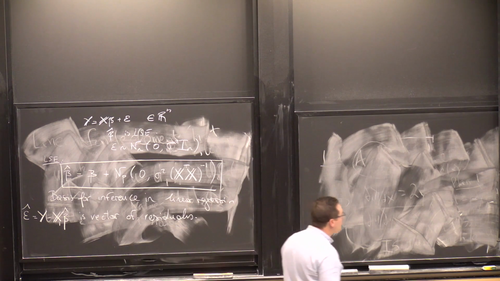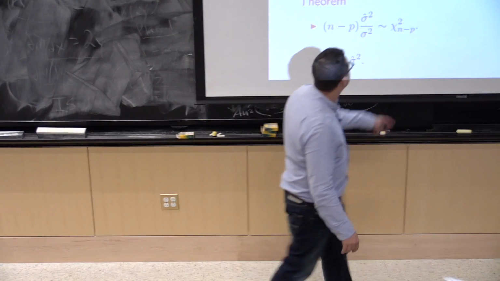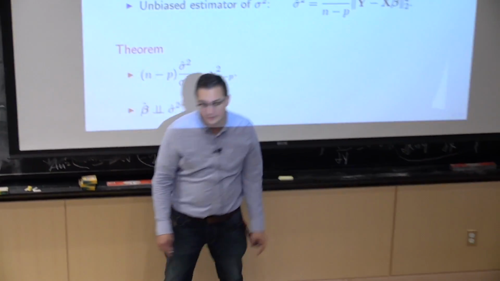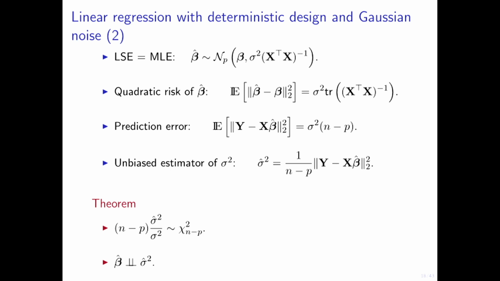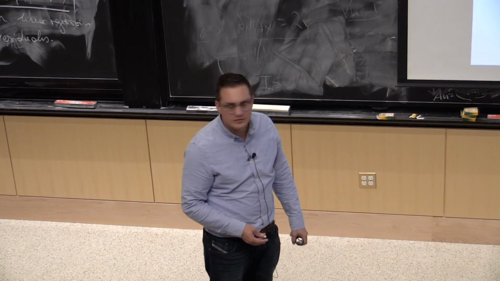From this one, we could build an unbiased estimator, sigma hat squared. And that was this guy. We showed that the right normalization for this was n minus p, because the squared 2-norm of y minus x beta hat is actually sigma squared times a chi-square with n minus p degrees of freedom.